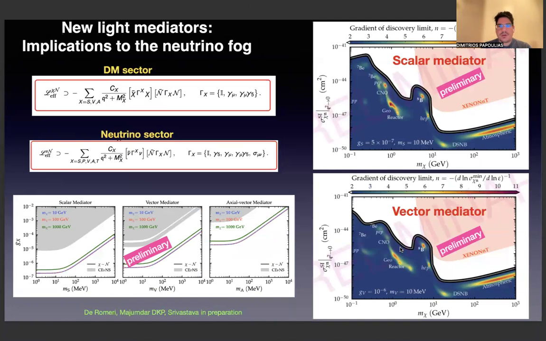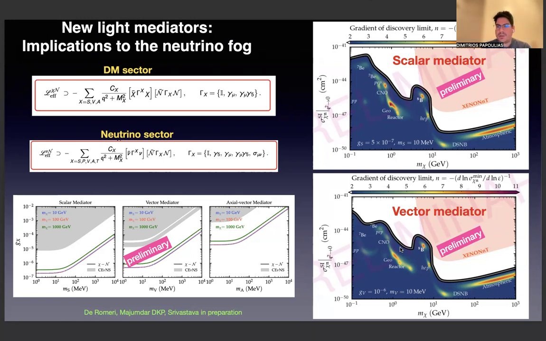And so we have an ongoing work on this neutrino fog setup, and we want to explore the implications of new interactions through light mediators in the neutrino sector or dark matter sector.